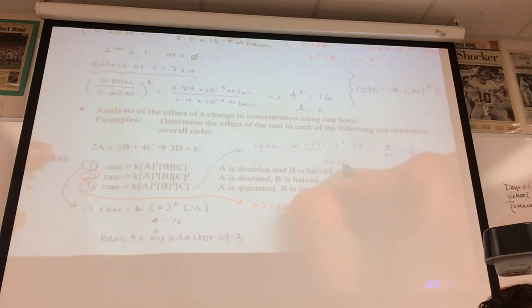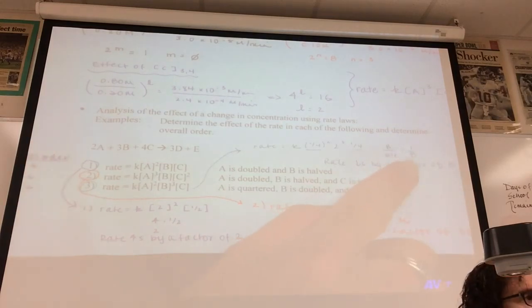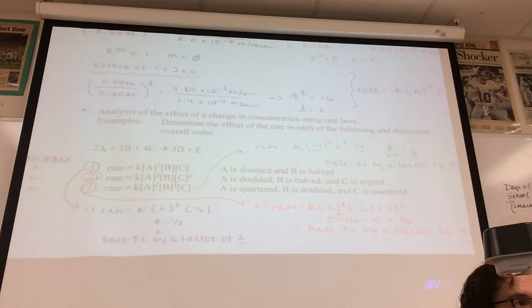So the rate decreases by a factor of 8 is correct. Whenever you get a fraction less than 1, the rate will decrease by a factor of the reciprocal. So if you got like 2/9, the rate would decrease by a factor of 9/2 or 4.5.